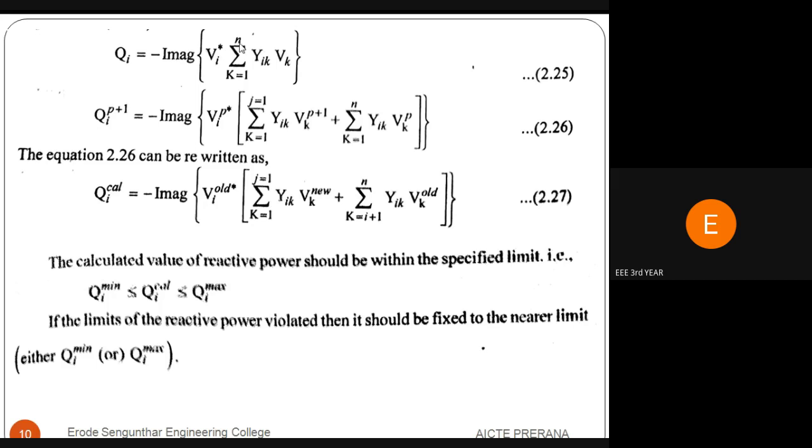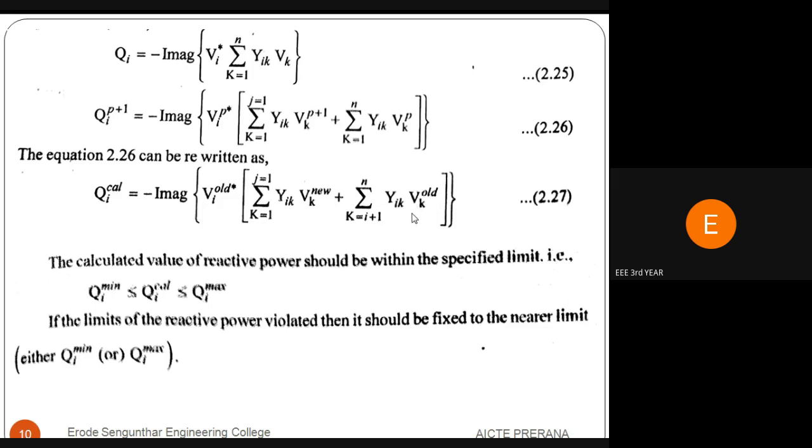So Q_i is equal to minus the imaginary part of V_i conjugate times the summation of k equal to 1 to N Y_ik V_k. That can be rearranged, with Q_i^(p+1) being the new value, as minus the imaginary part of V_i^p conjugate times [summation of k equal to 1 to i−1 Y_ik V_k^(p+1) plus summation of k equal to i to N Y_ik V_k^p]. The above equation can be rearranged as Q_i calculated equal to minus the imaginary part of V_i old times [summation of k equal to 1 to i−1 Y_ik V_k new plus summation of k equal to i+1 to N Y_ik V_k old].